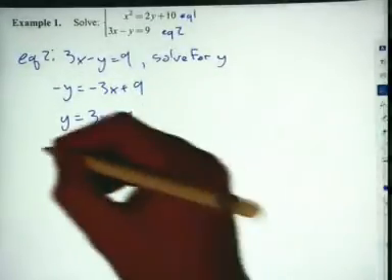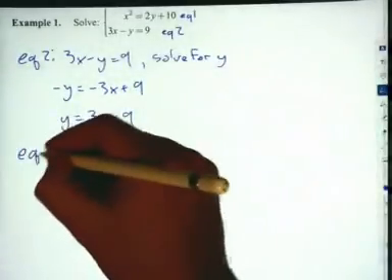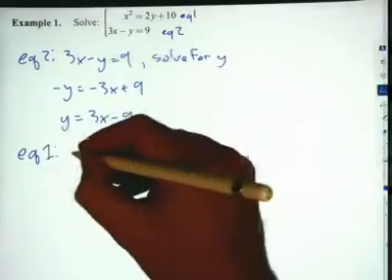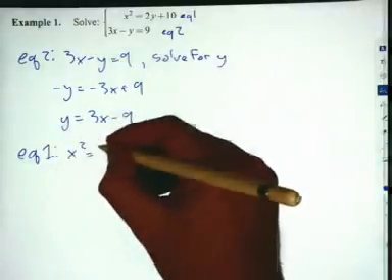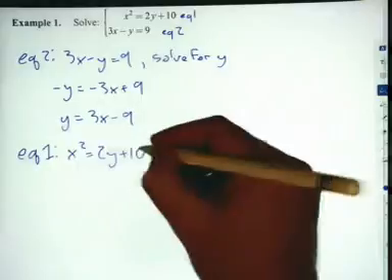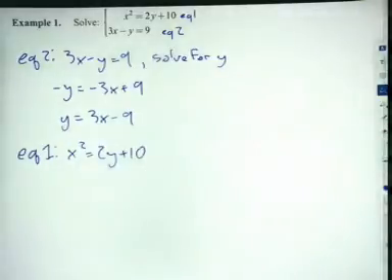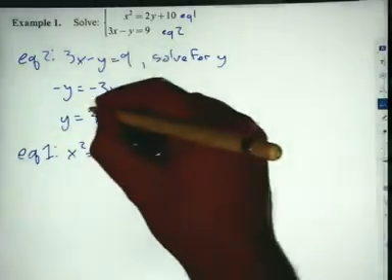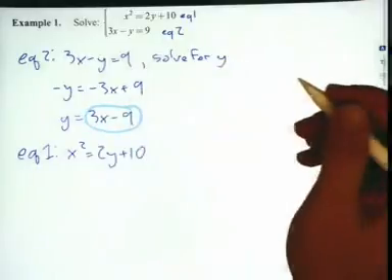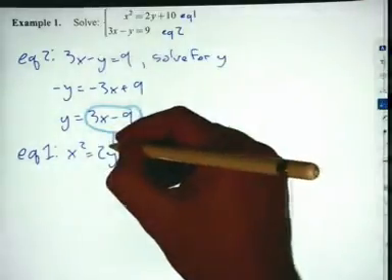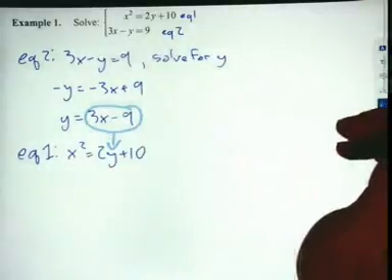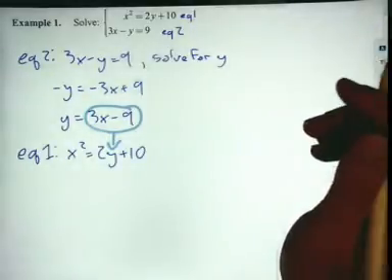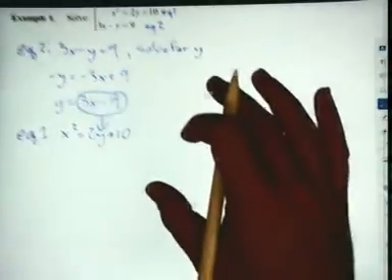Now what we can do is go to equation 1, which is x squared is equal to 2y plus 10, and we can substitute this expression for y into this other equation. This is the substitution method.